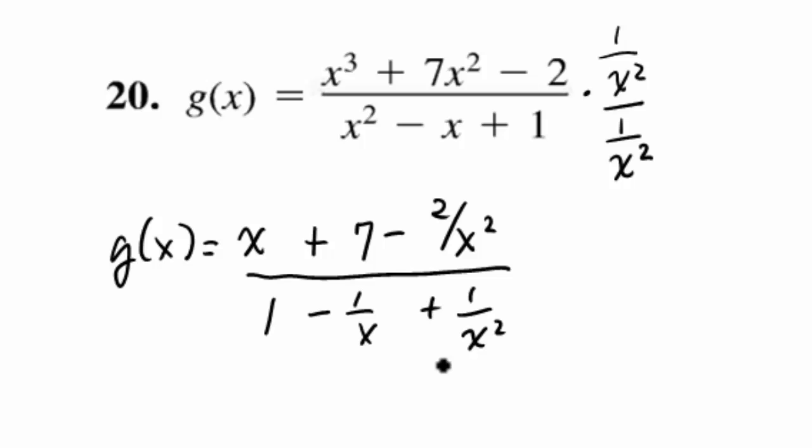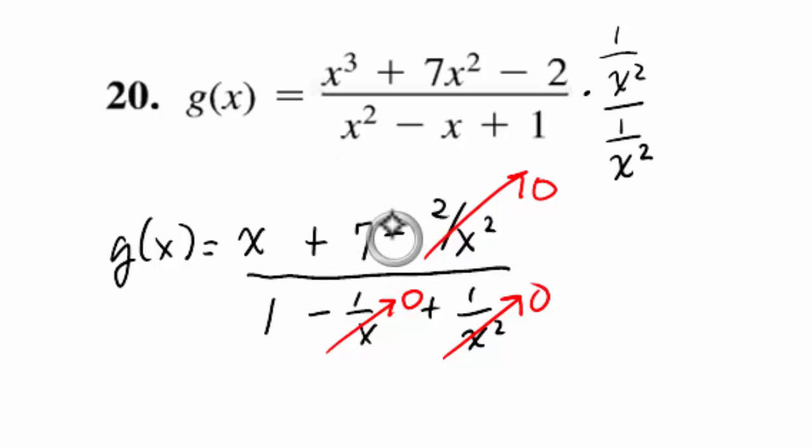Now we look at the end behavior. What happens when x approaches plus or minus infinity? We know that 1 over x to a power always goes to 0. This goes to 0, that goes to 0, and what's left is just an x plus 7 term. However, x will dominate 7 when x goes to infinity.